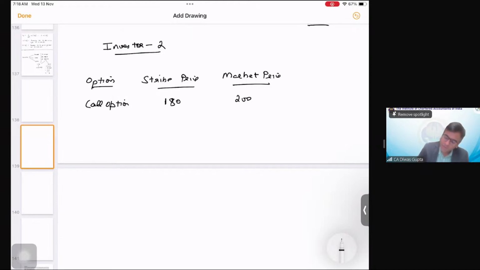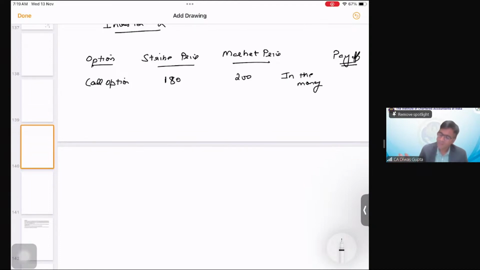Very good. And what will be the payoffs for this? What will be the payoff because of this in the money? Tell me. So ultimately, what will be the payoff? Only because of the call option I am asking. So I will buy the share at 180. Correct. But here I will get 20 rupees, right?